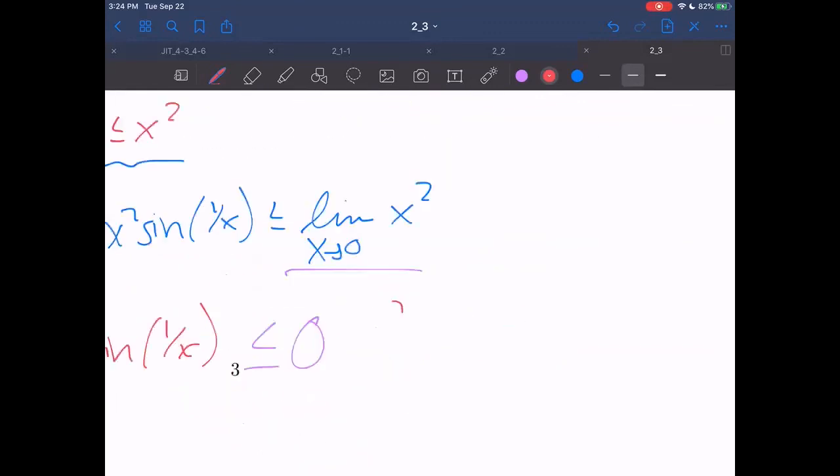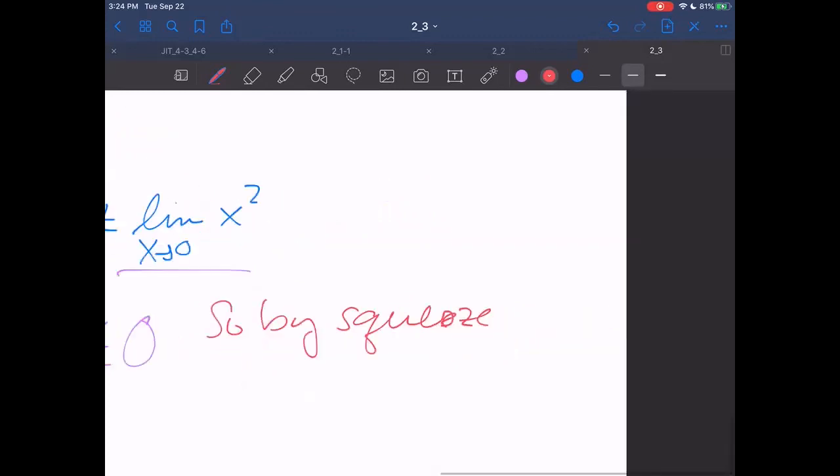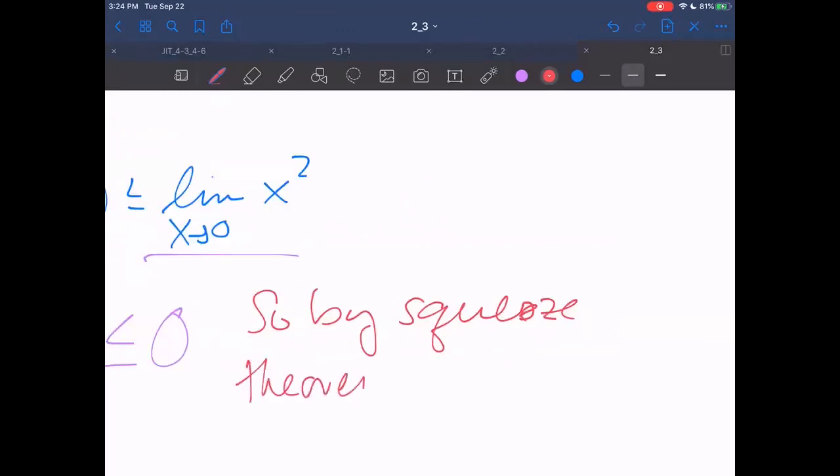So by the squeeze theorem, that's what we call that, the limit as x approaches 0 of x squared sine of 1 over x is equal to 0.